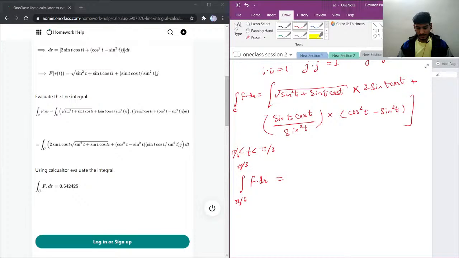I'll just write the value of pi 3.12 by 3, and lower is 3.12 by 6, and then processing the result.